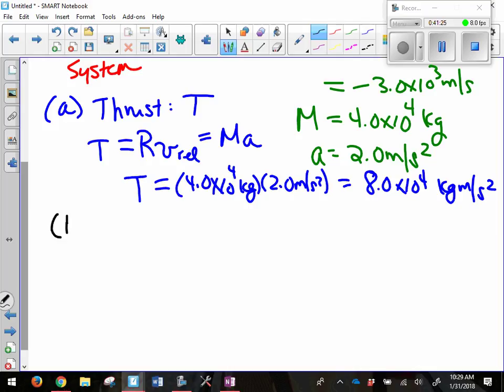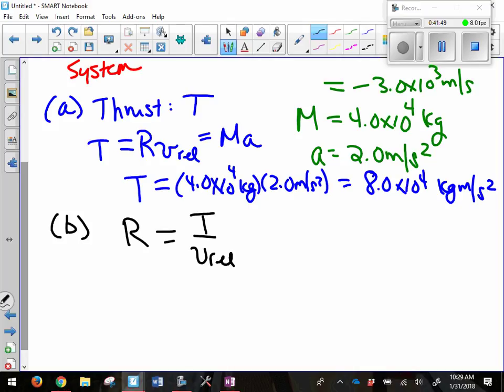All right, so what does part B ask? And what variable is that? R. How am I going to find R? Yeah.